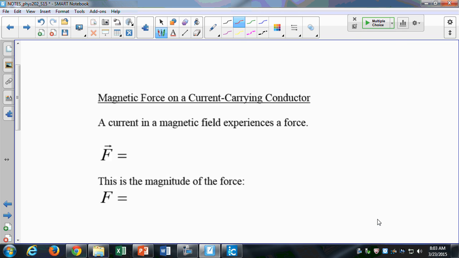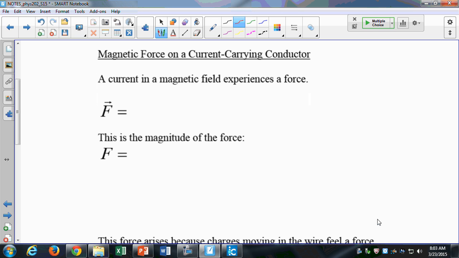Okay. Let's look at the magnetic force on a current carrying conductor. This is just like we did with a particle in free space, except now instead of having our particle move in free space, it's going to move in a wire. So it looks a lot the same.